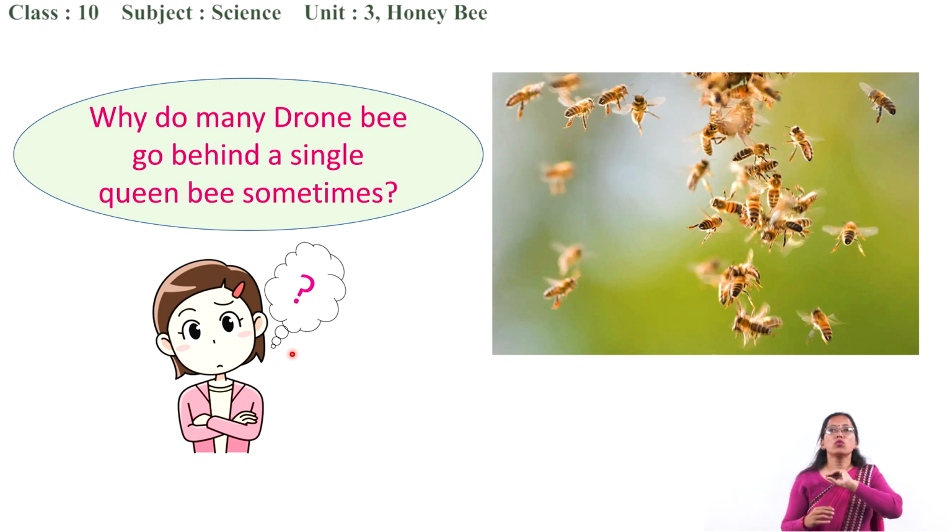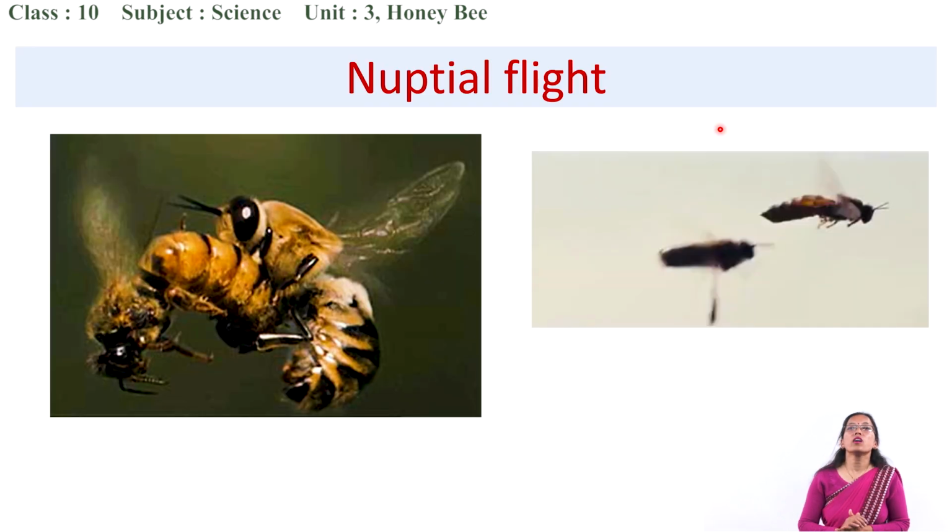Many bees, especially drone bees, go behind the queen bee. Can you see here? See, one queen bee and many drone bees behind her. Why do they do so? It is for the nuptial flight. What is nuptial flight?